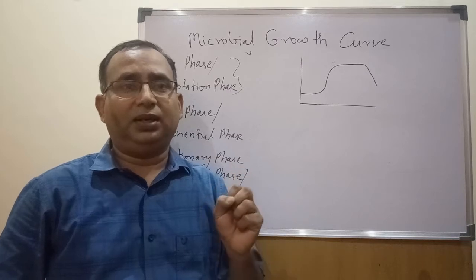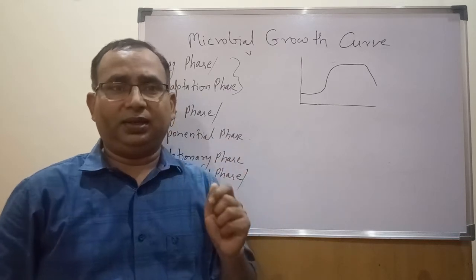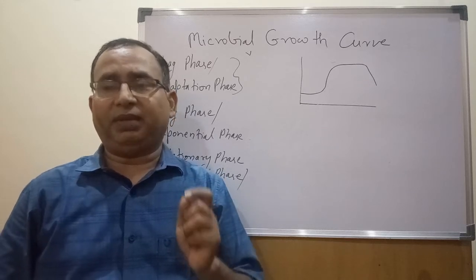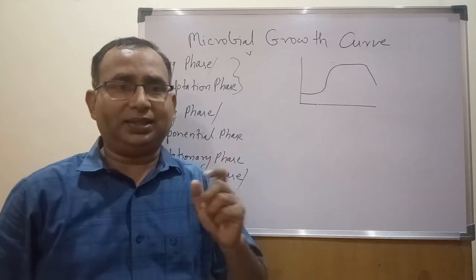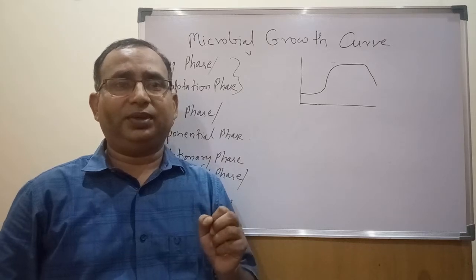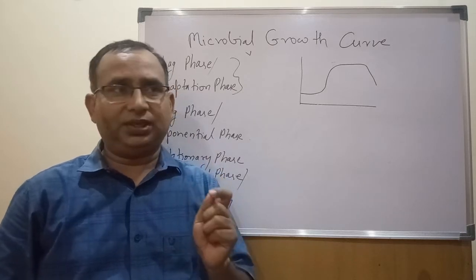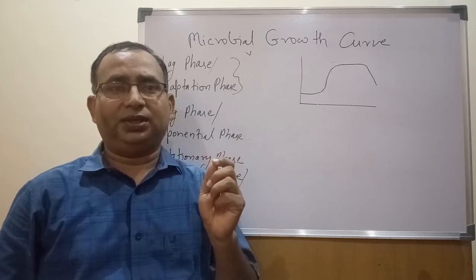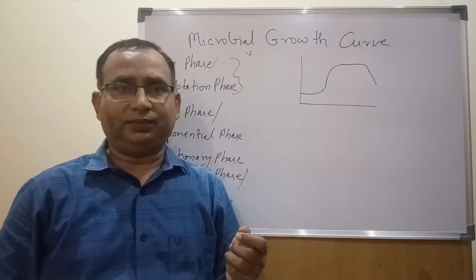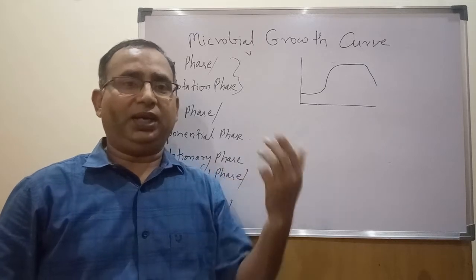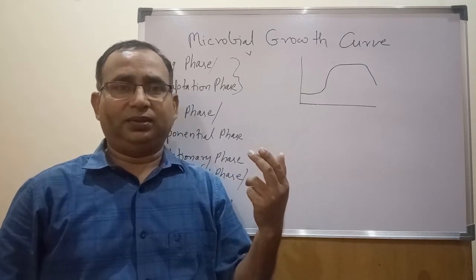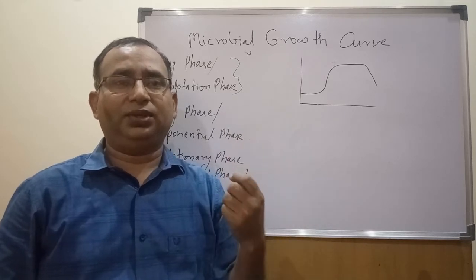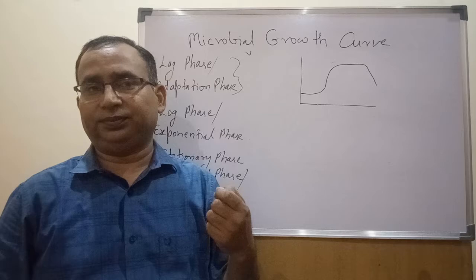For example, E. coli, which is the most studied bacterium, has its division time of 20 minutes. Means E. coli will generate its daughter cell, or simply we can say one E. coli will be converted into 2 E. coli within a duration of 20 minutes.